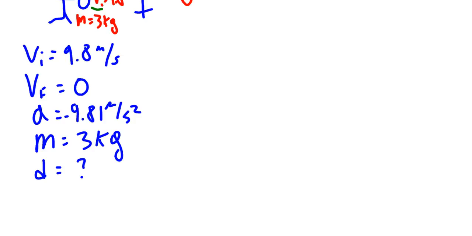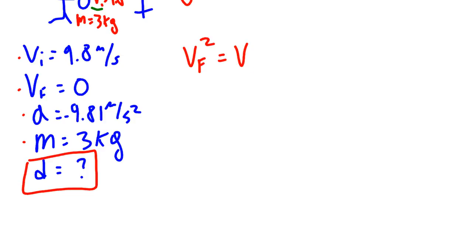So now I go to my reference table and I try to seek out an equation which contains these variables and has to solve for a distance. So upon inspection, I arrive at the following equation. I see that I can use VF squared equals VI squared plus 2AD to solve the problem.